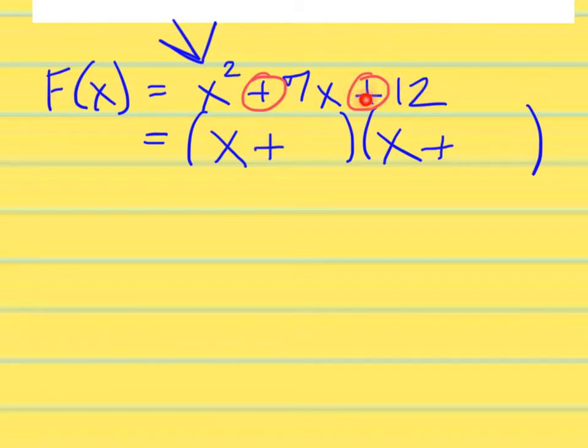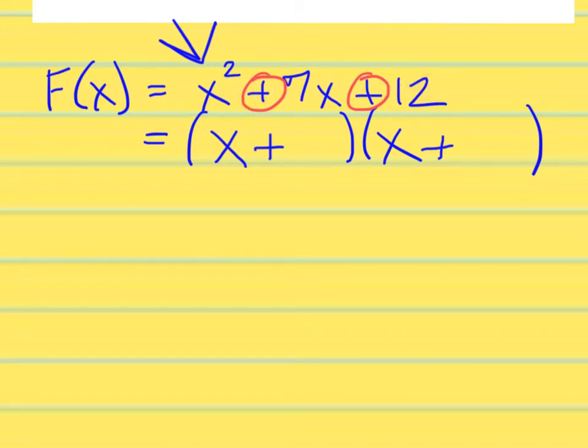If you have a plus sign here and a plus sign there, then all of your factors will be positive. If you were to have a minus sign here and then a plus sign there, that means they both have to be negative. You multiply two negatives together to get a positive. In this case, everything is positive.